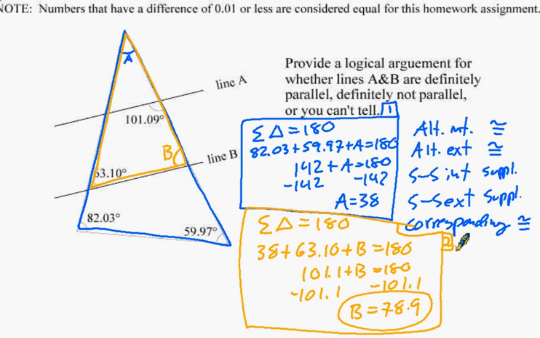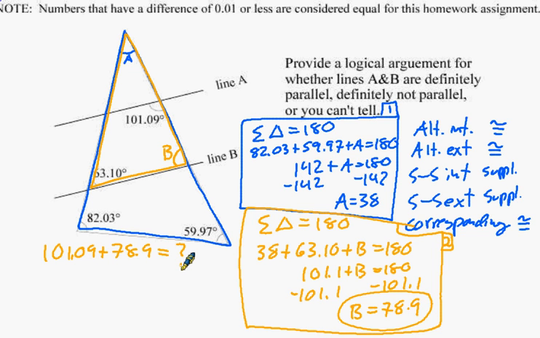All right, now what we can do is, well, B is 78.9. Are these supplementary? Well, the question is 101.09 plus 78.9 equals what?